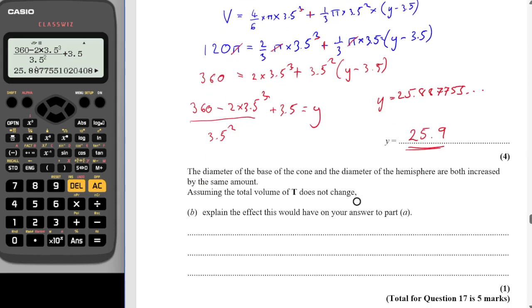So explain the effect that this would have on your answer. If the volume stays the same, the height must decrease.